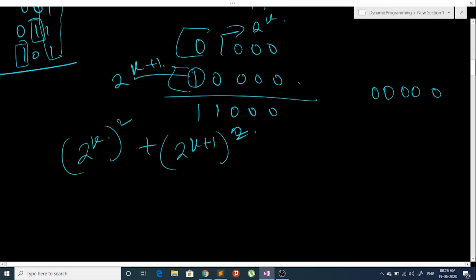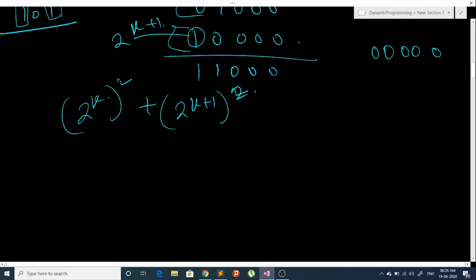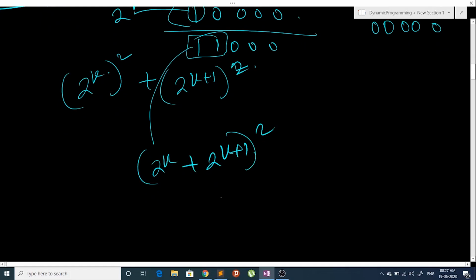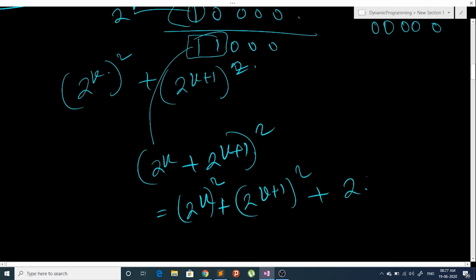Now after doing the OR operation, this number became 2 raised to power k plus 2 raised to power k plus 1. Now I have to square this whole thing, and then I'll have (2 raised to power k) square plus (2 raised to power k plus 1) whole square plus 2 times 2 raised to power k times 2 raised to power k plus 1.